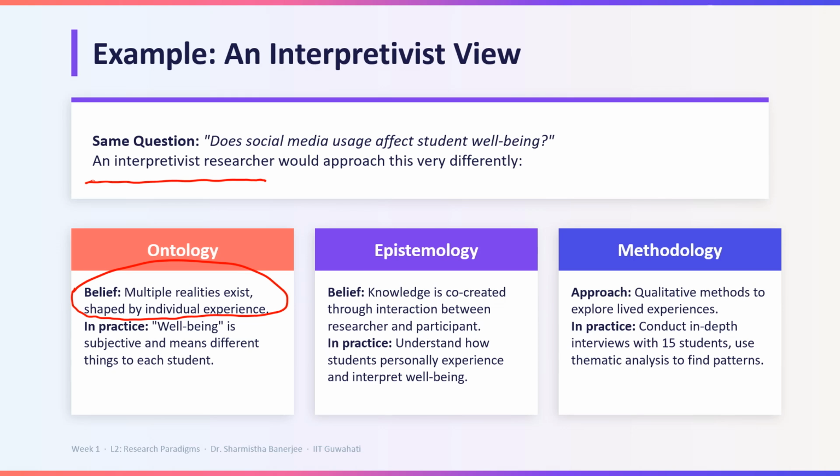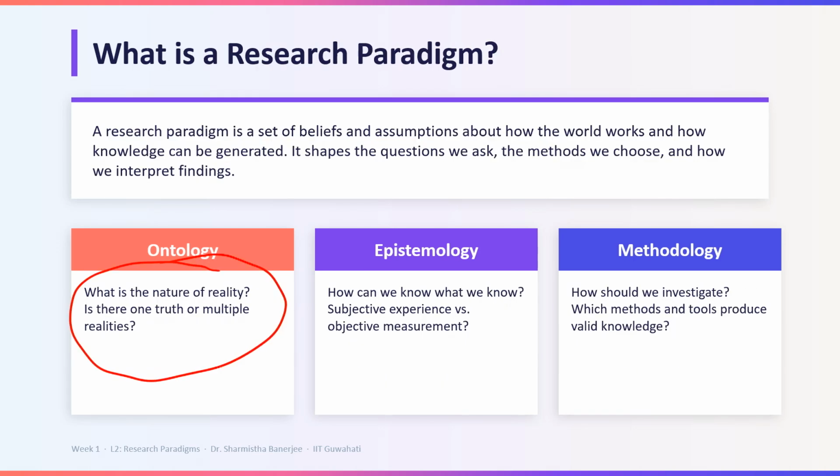Now let's see the epistemology part of it. Epistemology asks, how can we know what we know, subjective experience versus objective measurement. We looked at two approaches, the positivist and the interpretivist. The positivist said there is an objective measurement: well-being can be measured objectively, so I can give a score to that.